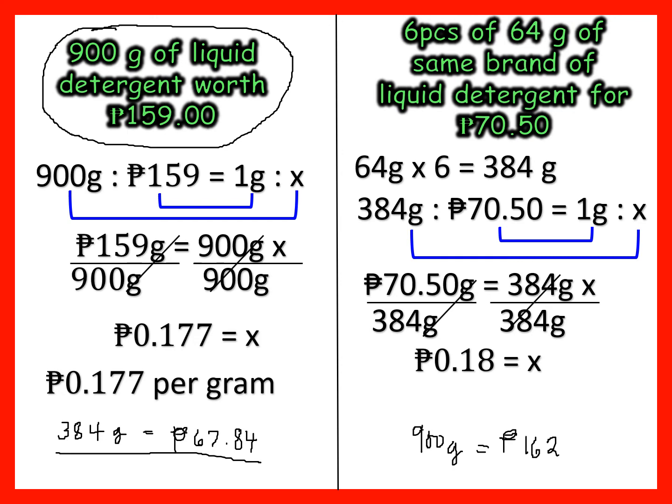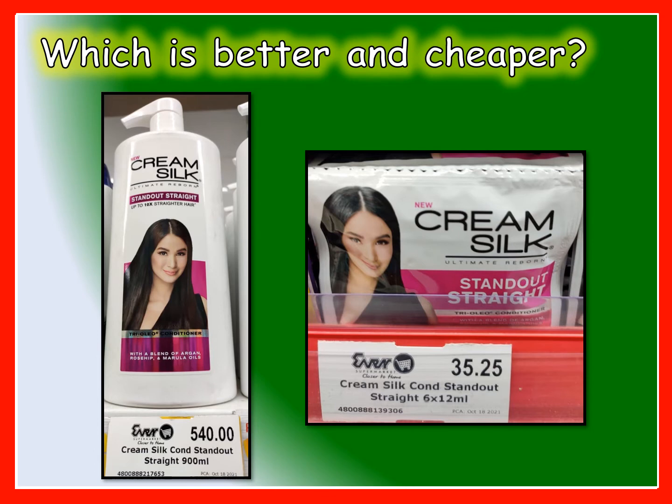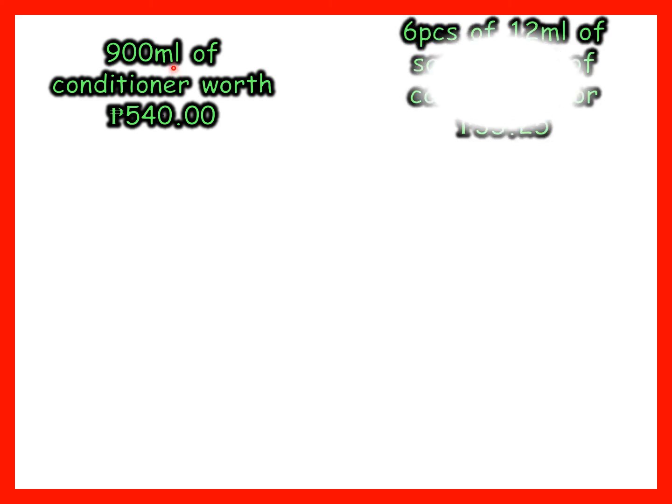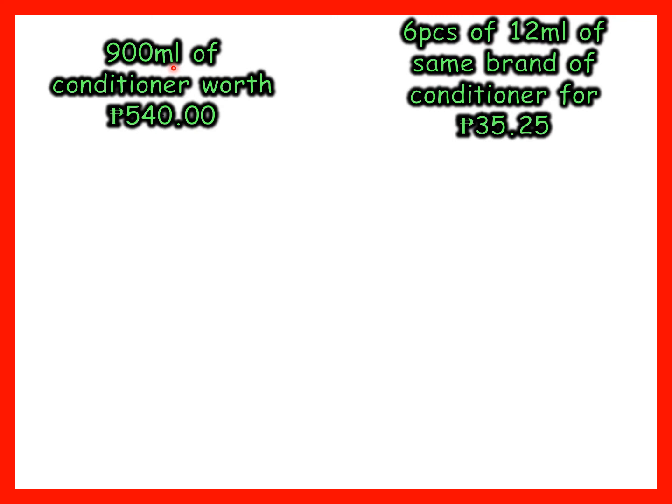Okay, so let us have another example. Which is better and cheaper, or which has a better value? Is it a 900 ml of conditioner worth 540 pesos? Or 6 pieces of 12 ml of same brand of conditioner for 35 pesos and 25 centavos?